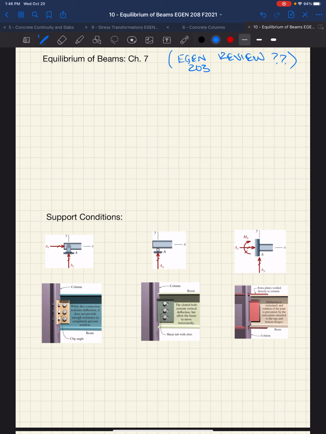So when we jump into flexure and beams, beams are super common. Obviously, I assume all of you understand what a beam is. You guys have gone through shear moment diagrams. They're everywhere. What is a beam?